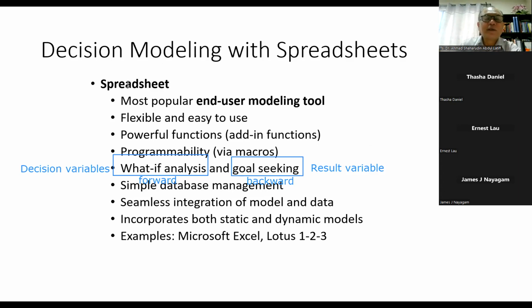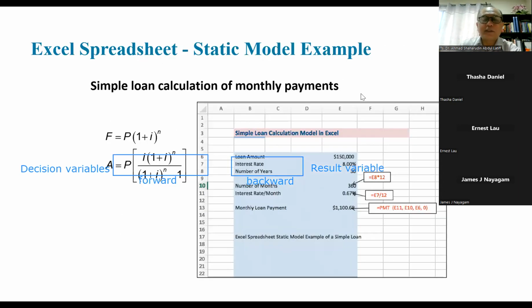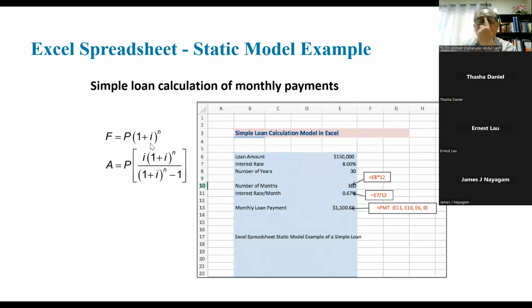That is spreadsheet. This is an example, a simple loan calculation payment. The formula here involves the loan amount. You need to determine what the loan amount is and what the monthly payment is.